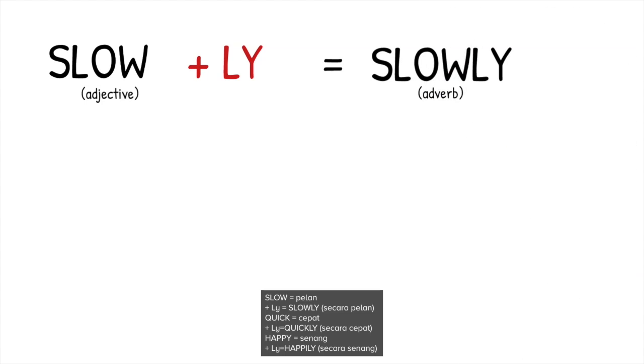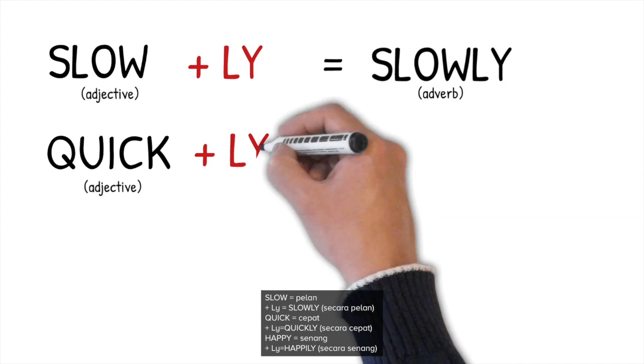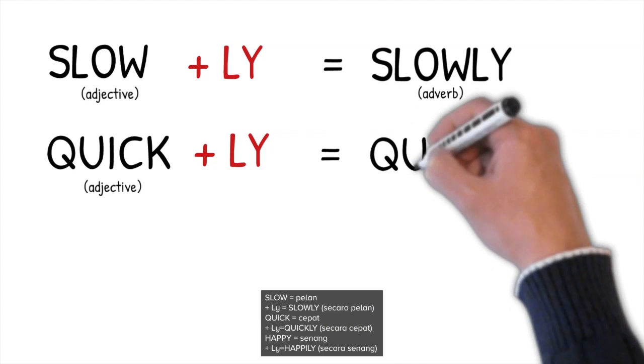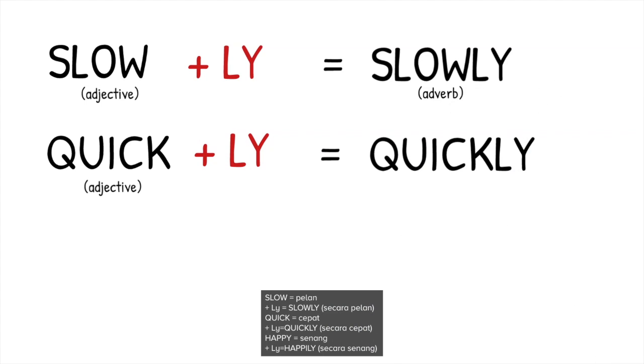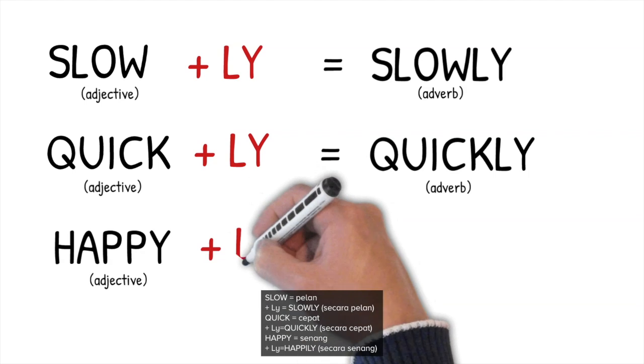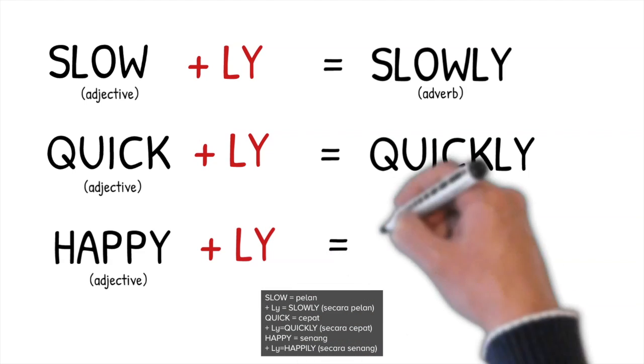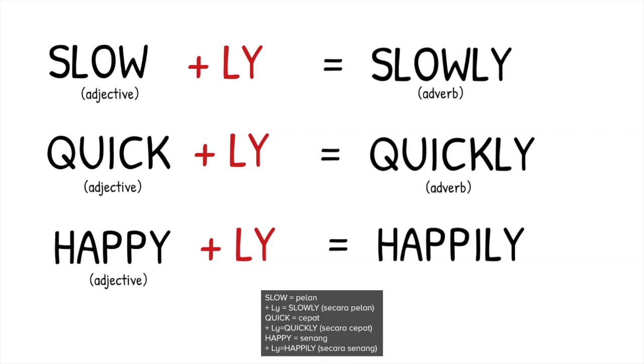Another adjective, quick, plus ly, it becomes quickly. Also an adverb. Another adjective, happy, plus ly, becomes happily. So adverbs help explain how a verb is done.